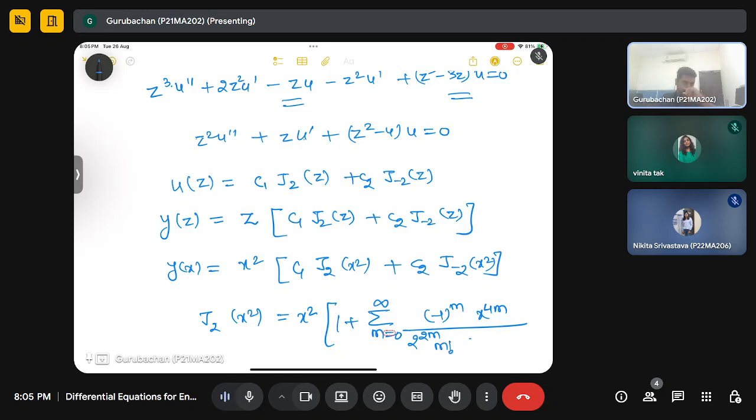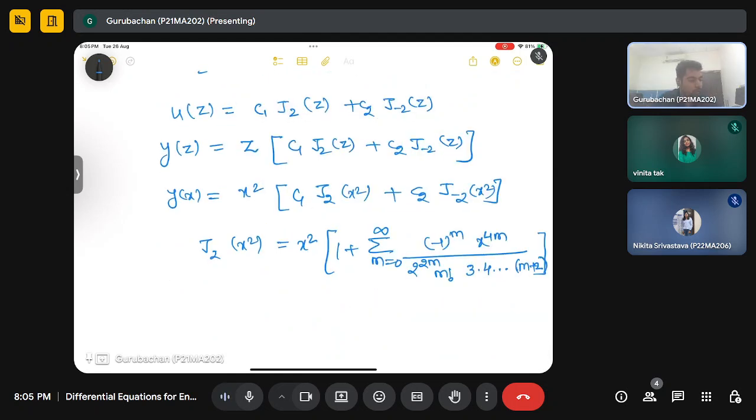So the expression is alpha plus 1 to alpha plus m. So alpha is here 2, so it will be starting from 3, 4 up to alpha plus m, that means m plus 2. So this expression will go like this.